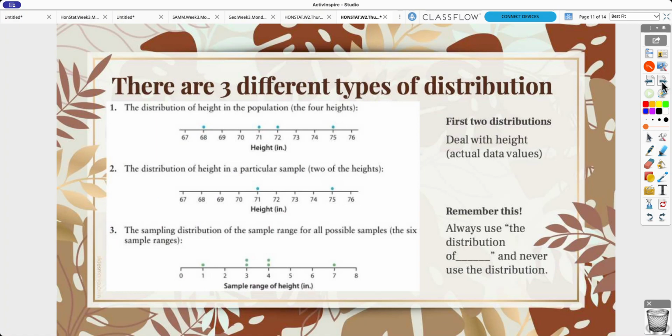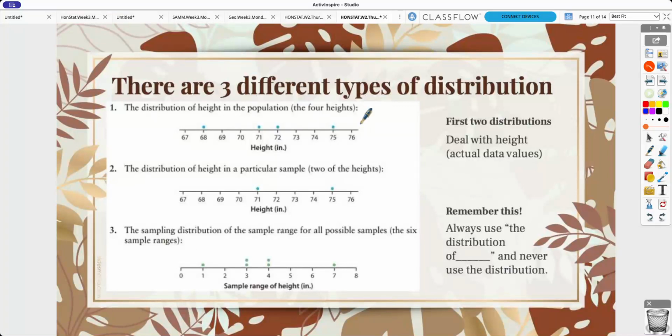Now, in the previous example, there are three different types of distribution that we see. We can have the distribution of the height in the population, in which case we consider the four heights of the four children. So that's the distribution of the height.